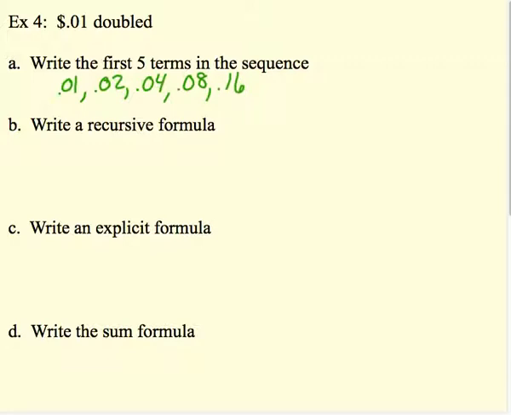The recursive formula, again, we write this in terms of the previous term, so we explicitly state that first term, and then the nth term is in terms of the previous term. So our common ratio is 2, we're doubling our money, 2 times the previous term. The explicit formula for the geometric sequence is the first term times the common ratio to the n minus 1 power.